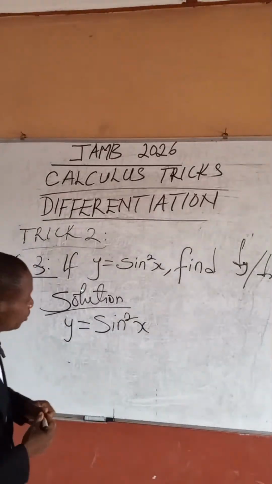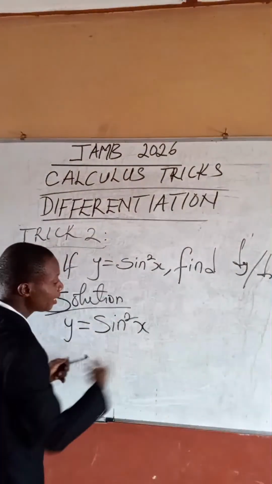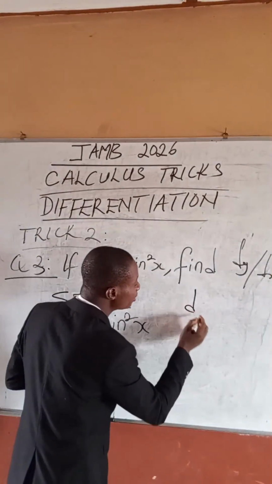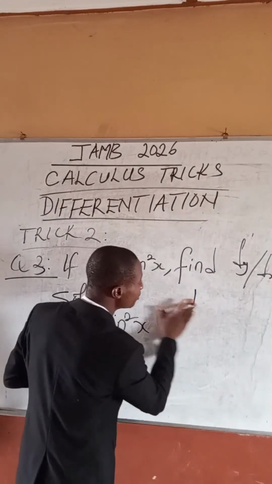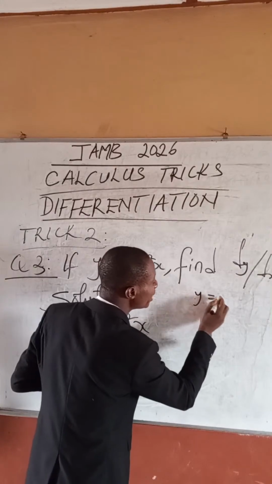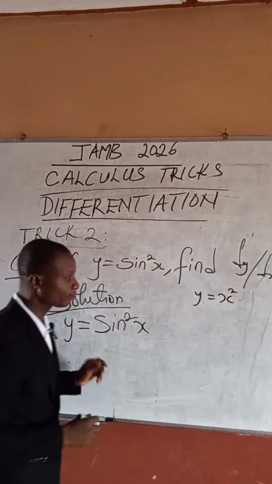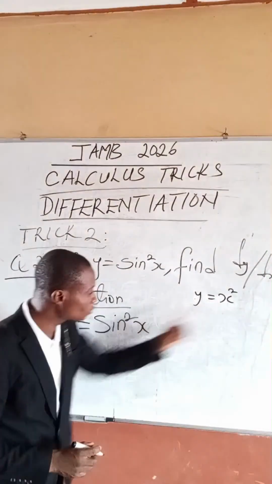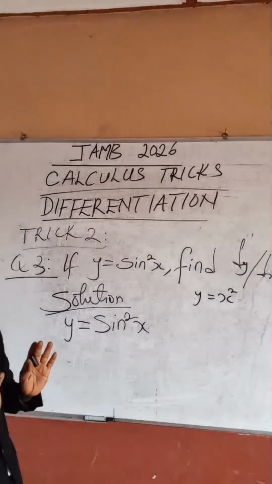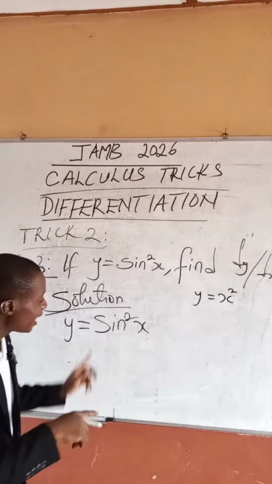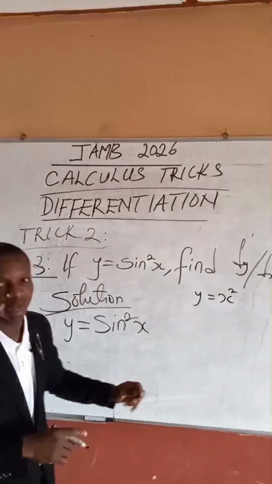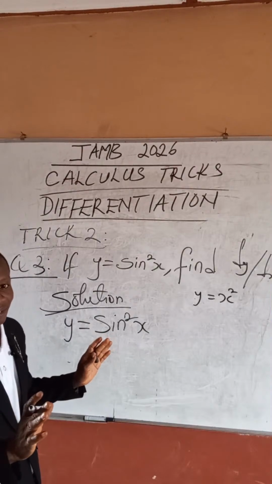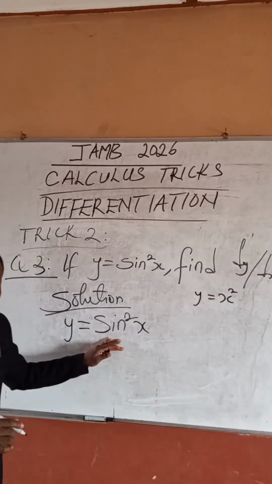How do we differentiate, if y is equal to x squared? Look at it. They look alike, right? So differentiate this one like this first, then multiply it by changing the sign to cos. And that is the answer. So that is how to solve this problem.